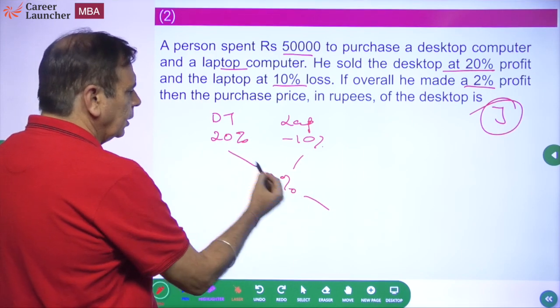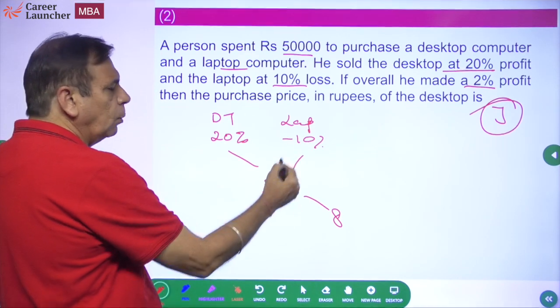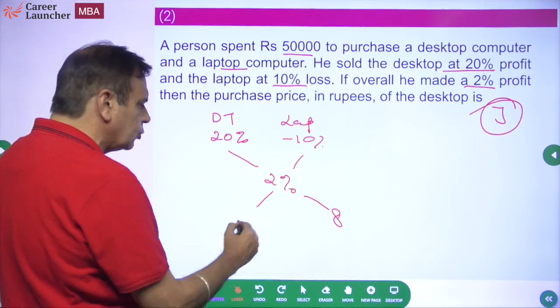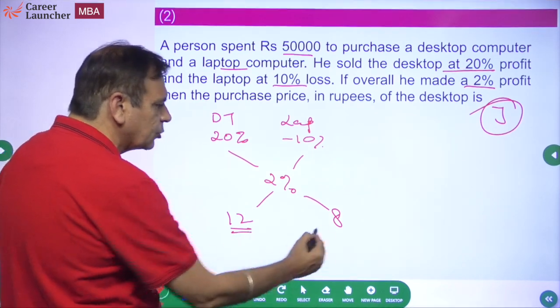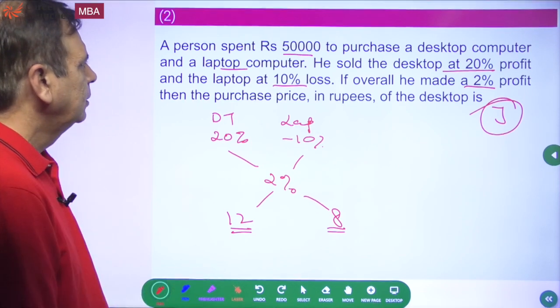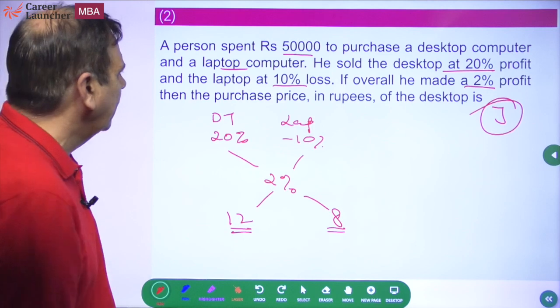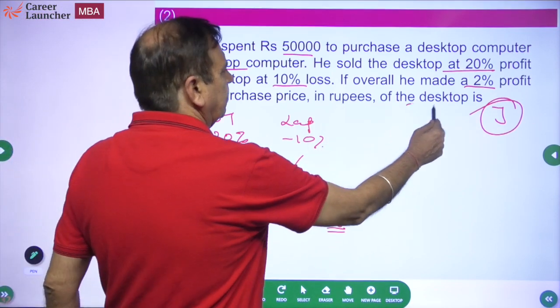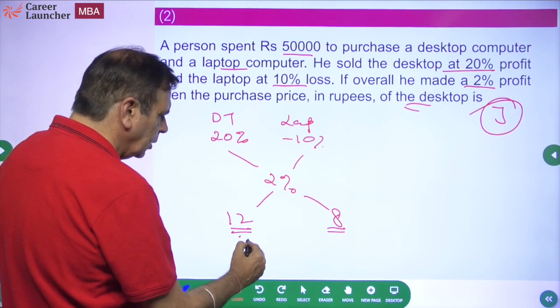The difference of 20 minus 2 is 18, and 2 minus (minus 10), the difference between these two will be 12. What does it mean? The ratio of cost price of desktop to laptop is 12:18. And what do we need to find? Okay. Desktop at 20%, laptop 10% is fine. We need to find the price of the desktop. So if it is 12:8, that means this is 3:2.